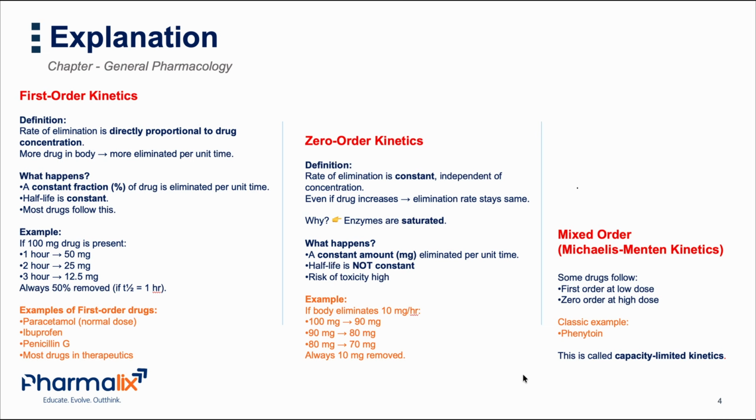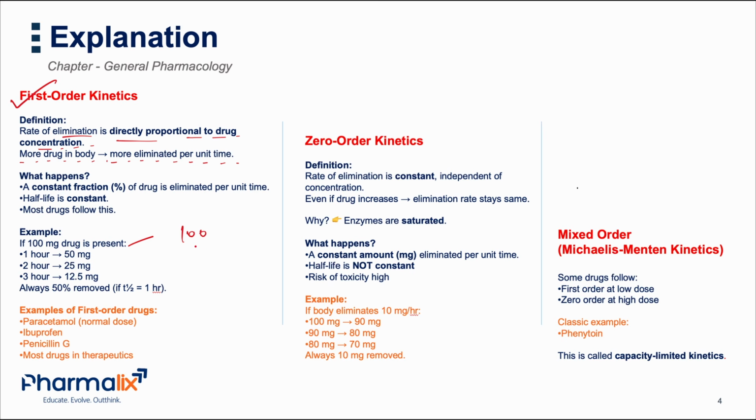Okay, and here is the clear explanation for first order, zero order and mixed order. First order: the definition says the rate of elimination is directly proportional to the drug concentration. More drug concentration in the body, more elimination per unit time. What does it mean? Let's get it by an example. If there are 100 mg of drug present in the body, every hour it will become half.